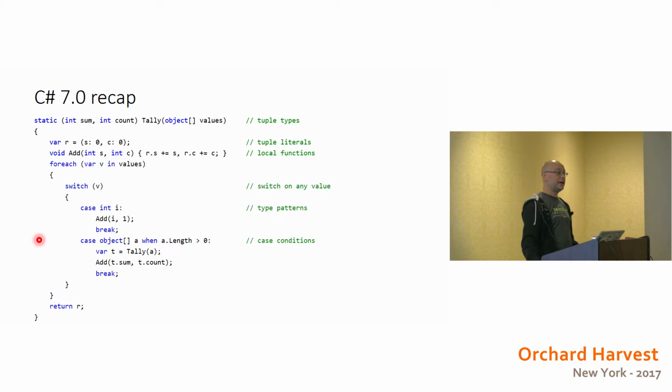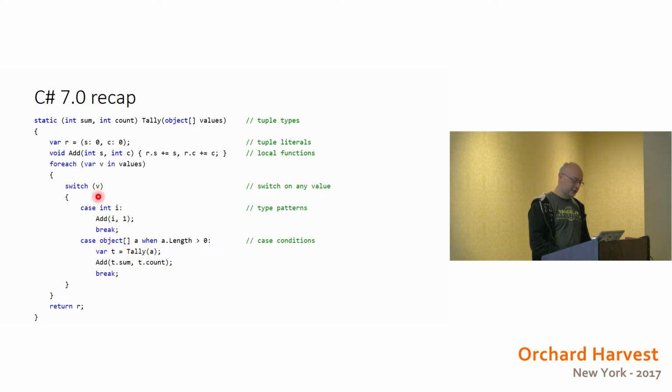Yeah, indeed, it's a concept that comes from functional languages, where you can apply specific logic to different shapes of data in ways that are very explicit and very expressive.